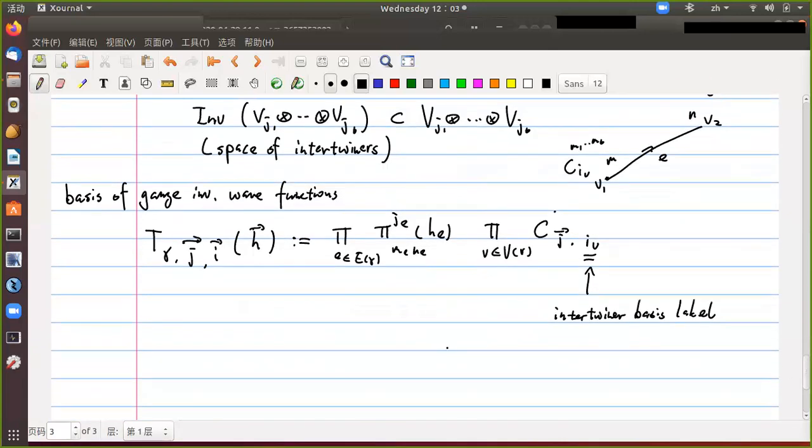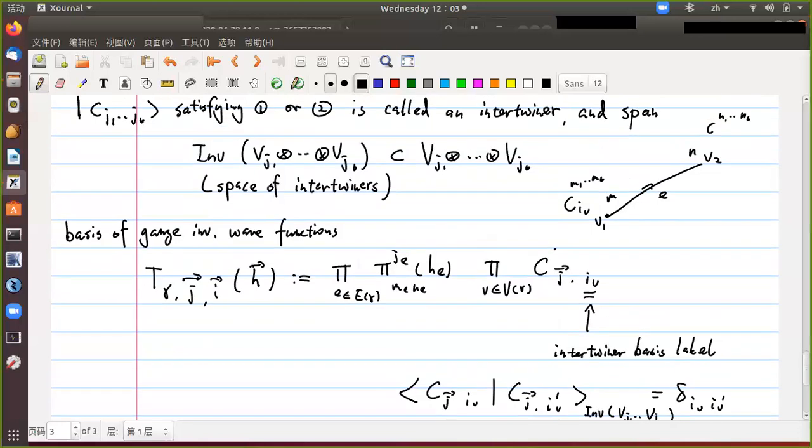So it means that C with the same J and I of V, and C with the same J but different I prime of V, if you make the inner product in the invariant tensor Hilbert space, gives delta I of V, I prime of V. So this I of V is just 1, 2, 3, 4, labeling the basis in this Hilbert space, which is always finite dimensional.